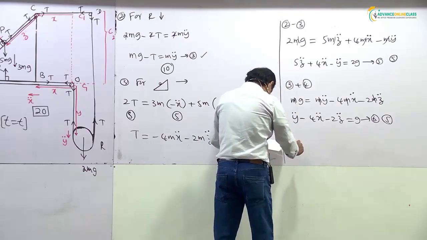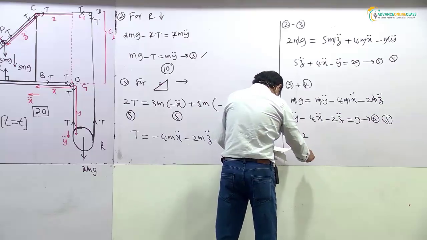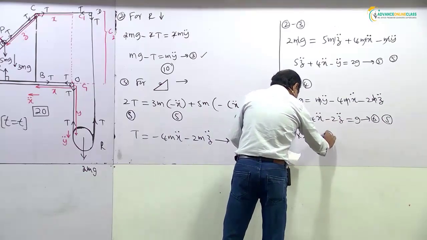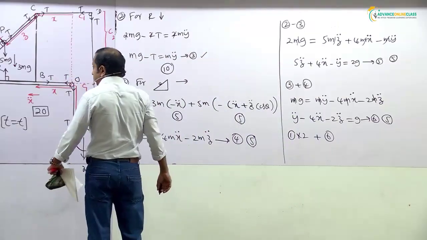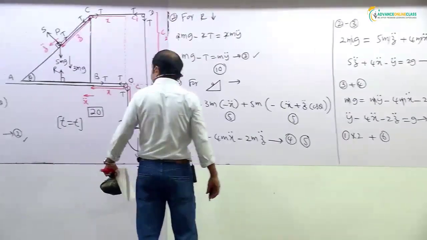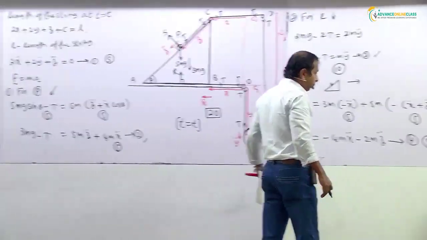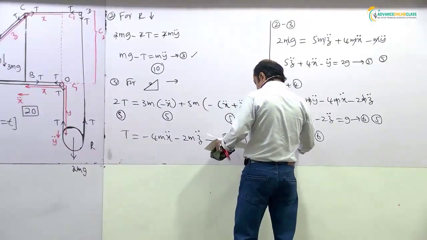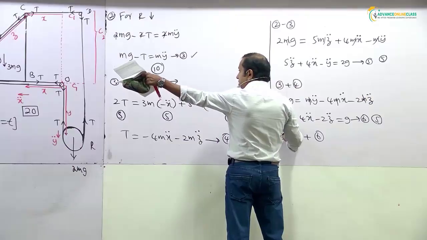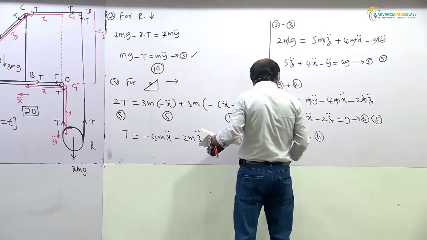Now equation number 1 we multiply by 2 and then add with this number 6. Equation number 1 means that we multiply by 2. There we get 4x double dot plus 4y double dot plus 2z double dot. Then the x double dot and z double dot will cancel.